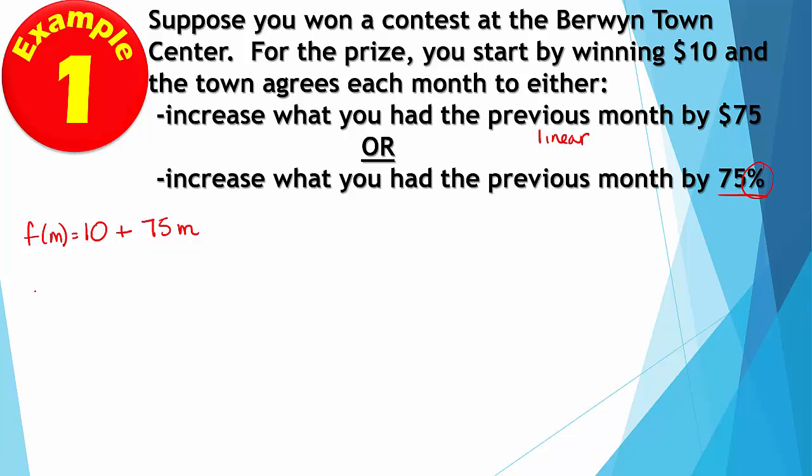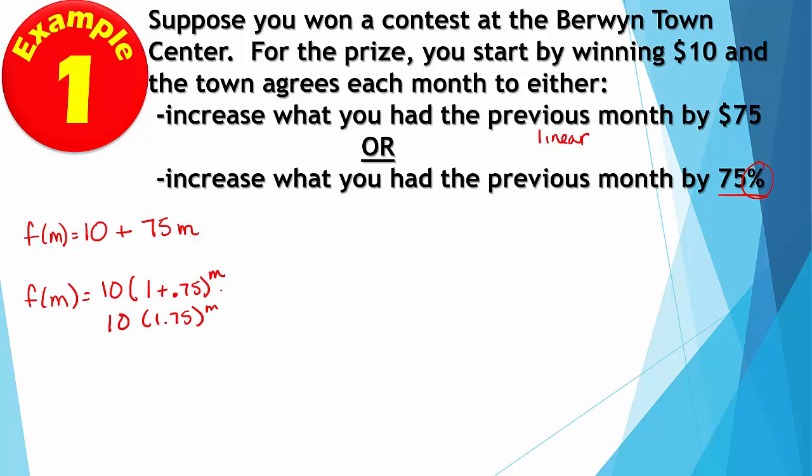So we would write that as f of m equals, so we start with 10, times, now we're increasing by 75%, so that would be 1 plus 0.75 to the m, or 10 times 1.75 to the m.